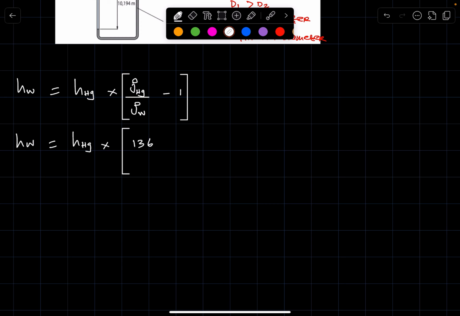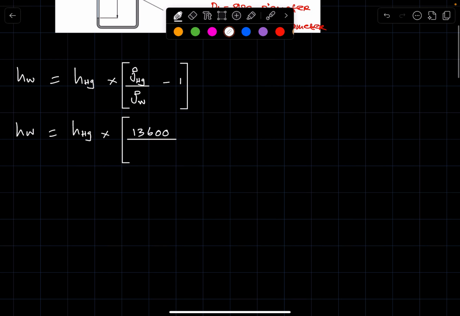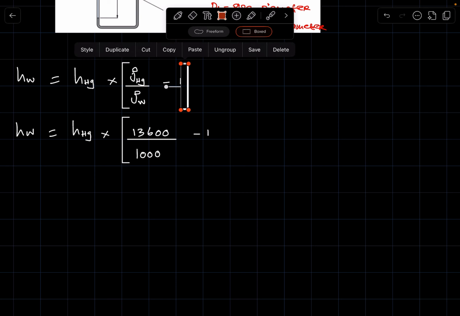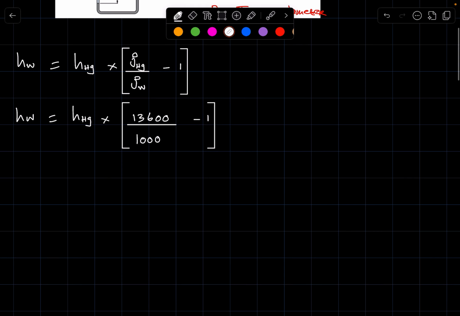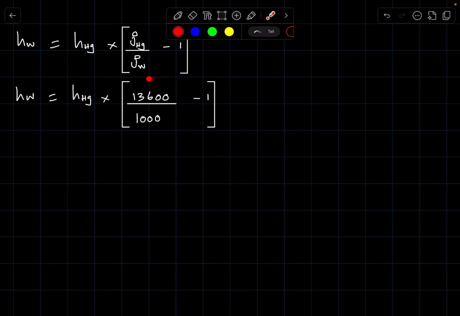We can always take it as 13,600 kilograms per cubic meter, and then the density of water we take as 1,000. Now if you punch this in your calculator, you should get 12.6, and then that 12.6 times the H_Hg means that the H of water will be equal to 12.6 H_Hg.